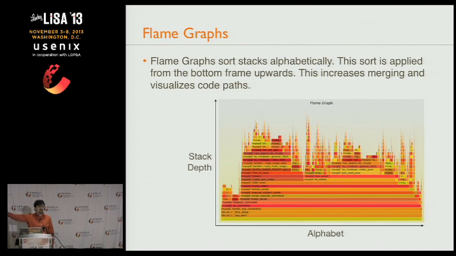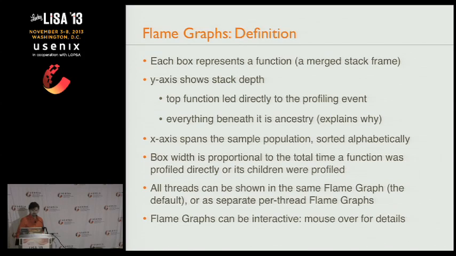So the x-axis of flame graphs is really the population of samples. The y-axis is the stack depth. The colors depend on what you do with them. You can do different interesting things. For most of them, I've just picked random colors to differentiate between columns and particular frames. Just to define flame graphs, I've got a definition here.